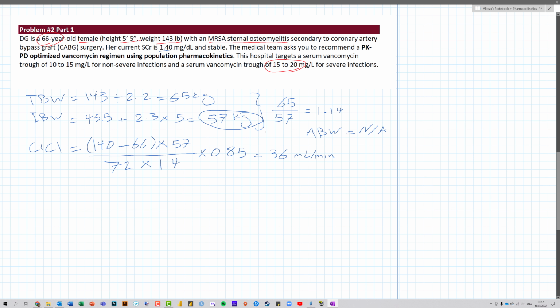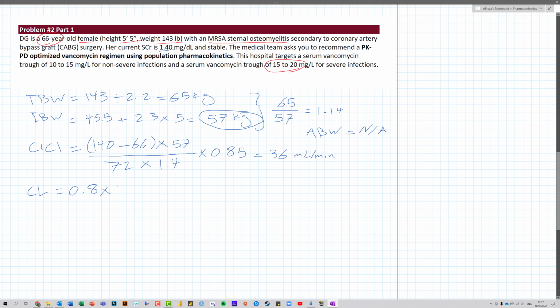Okay, now let's do calculations for vancomycin. Specifically, we're going to use population kinetics because this question is asking us for PK/PD optimized vancomycin dosing. A good starting point is to get vancomycin clearance, which is 0.8 times creatinine clearance.